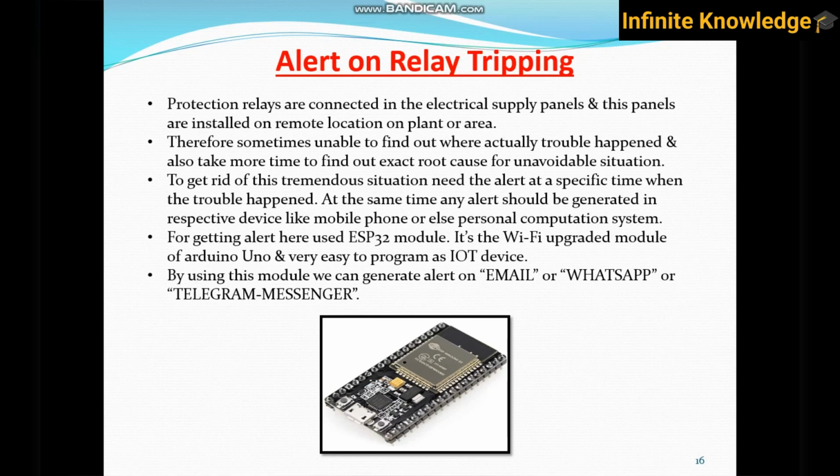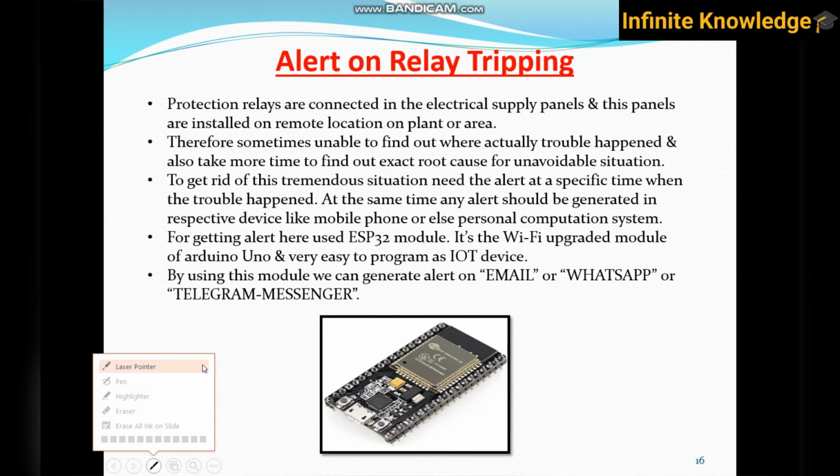I wanted to explain this thing, and this is the ESP32, a microcontroller. This microcontroller has Wi-Fi capability and Bluetooth capability, and yes, it can connect to your mobile phone hotspot also.